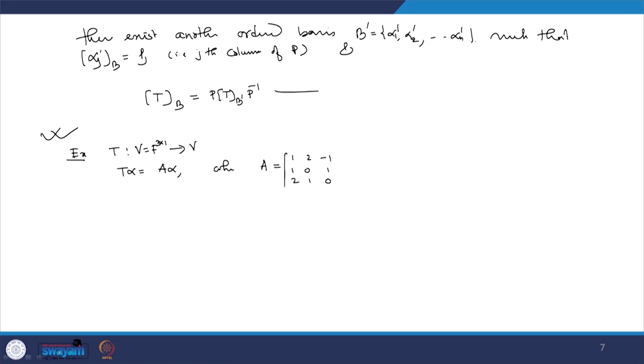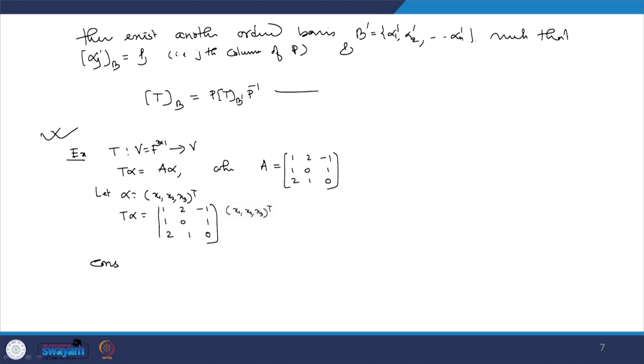Suppose A is this one. So, here alpha means basically a 3 cross 1 column vector. So, I can say let alpha be equal to x1, x2, x3 transpose. So, T of alpha is equal to 1, 2, minus 1 and 1, 0, 1, 2, 1, 0. Suppose this one.